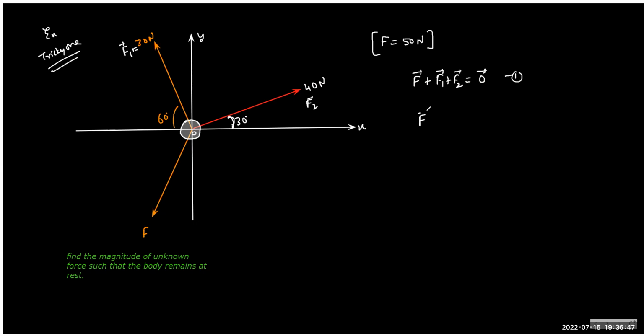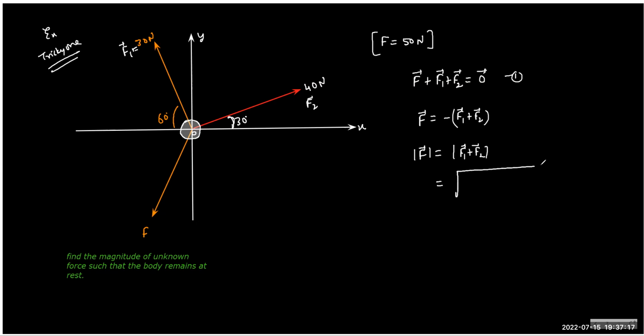So can we write F equals minus of F1 plus F2? And because we are looking for modulus, we can take modulus on both sides. And modulus is nothing but the resultant of two vectors. So why use the components? You can do it directly.